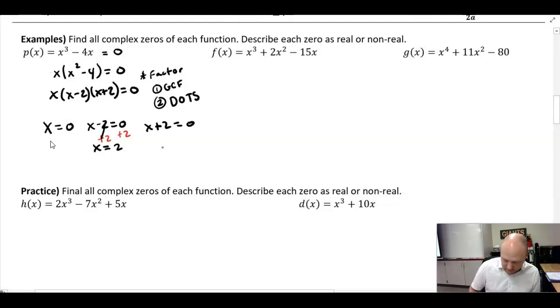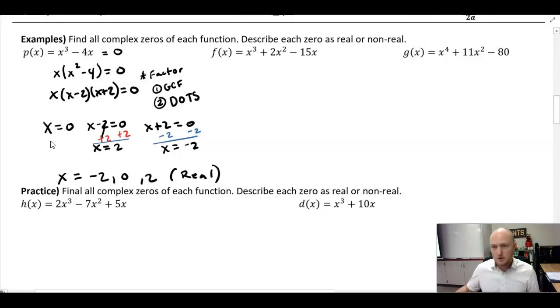And the third factor, x equals negative 2 by subtracting 2 from each side. So the zeros are x equals negative 2, 0, and 2. All of these are real numbers. Okay, that's example number 1.